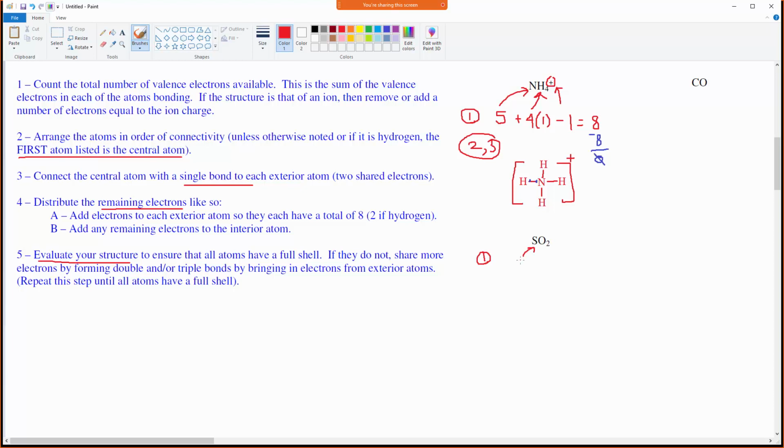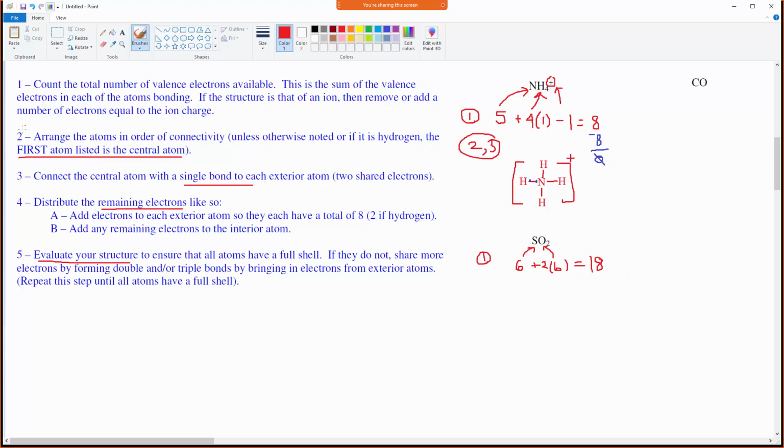Sulfur's in group 6, so it comes in with 6. And oxygen is also in group 6, and there are 2 of them. So I have 6 from the sulfur plus 2 oxygens that each have 6. That's like saying 3 times 6. I have a total of 18 valence electrons available to distribute in this molecule to give everybody a full shell.